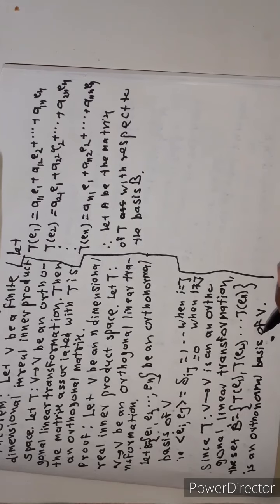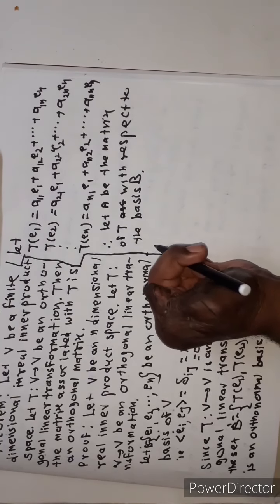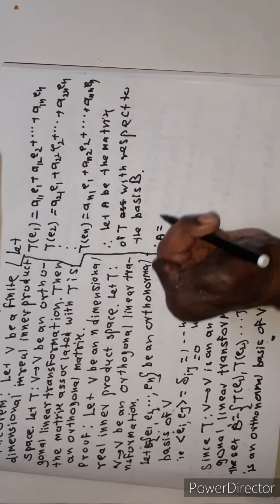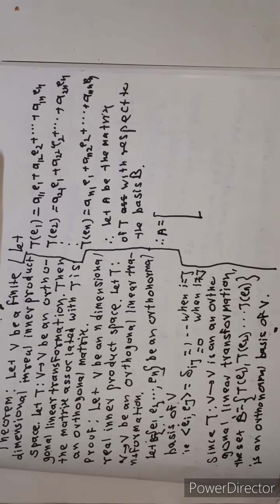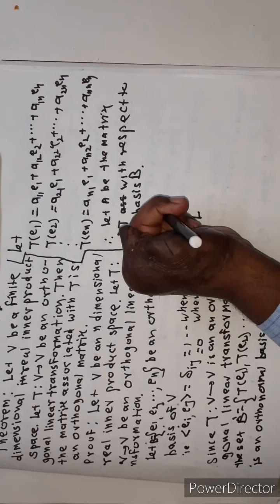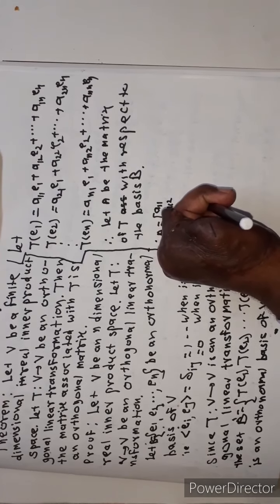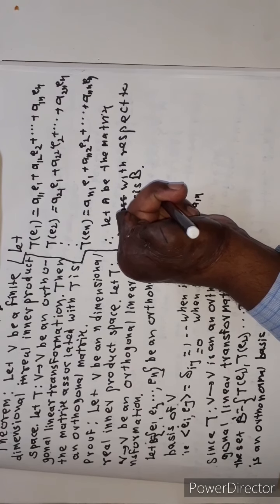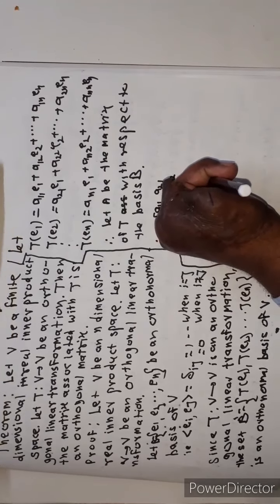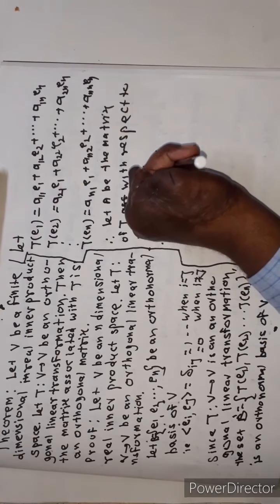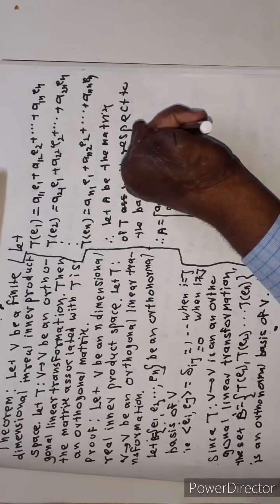Similarly, T(En) is equal to An1 E1 plus An2 E2 plus ... Ann En, and let A be the matrix of T associated with the basis B. Therefore, A is the matrix with entries A11, A12, ..., A1n in the first row, A21, A22, ..., A2n in the second, and so on down to An1, An2, ..., Ann.